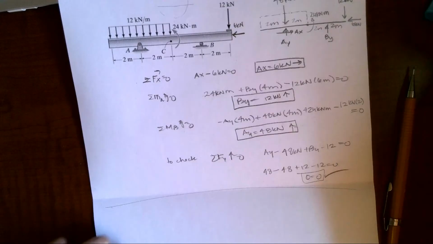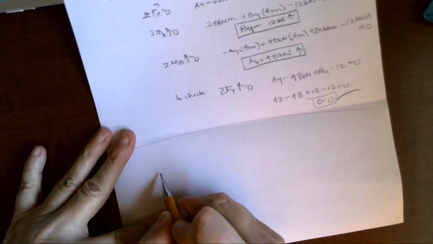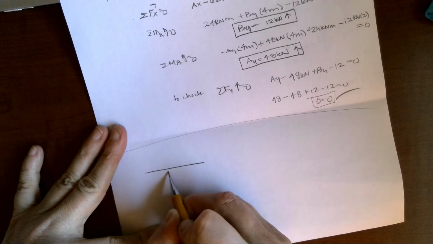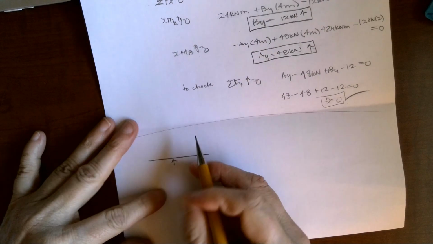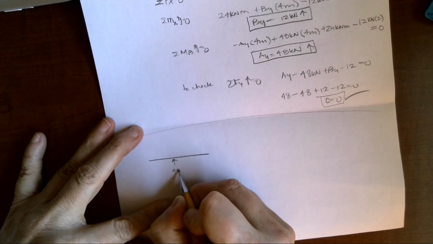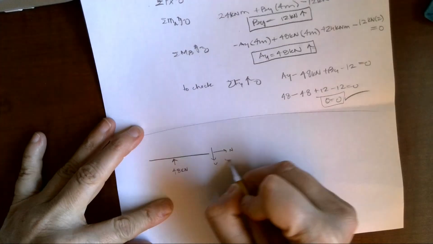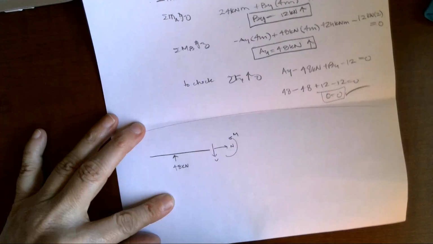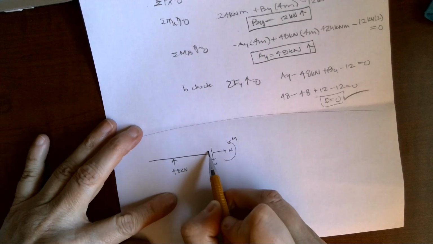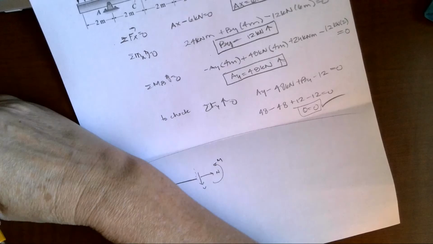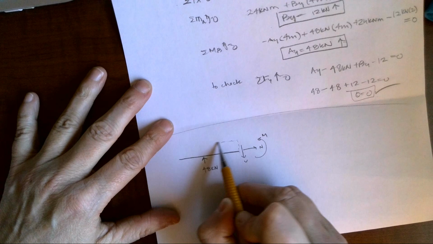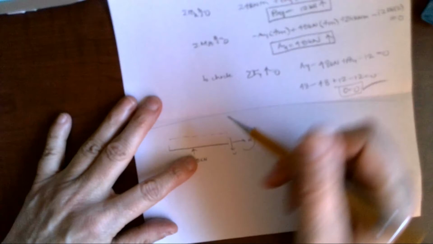I'm going to continue, and I'm going to draw a free body diagram of just the left. And I know that AY was 48 kilonewtons. And I could have a normal and a shear and a bending moment showing positive beam notation. And I also see that I have a uniform load, and this time it is actually the entire amount of that uniform load.